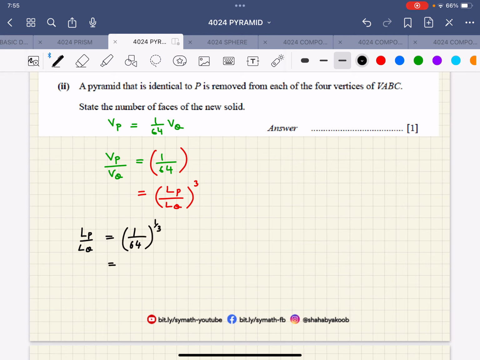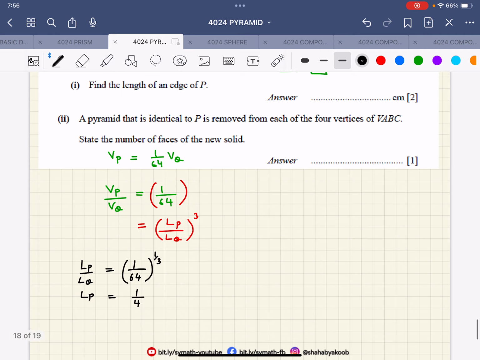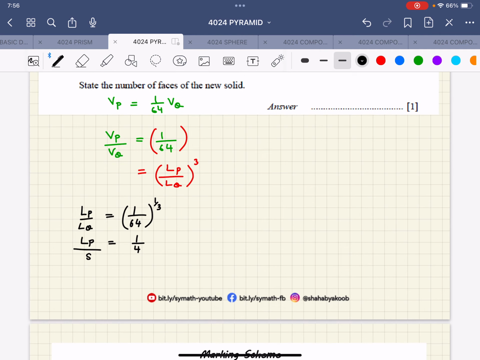That comes out to be 1/4. LP is the unknown one, and Q is 8. So therefore LP is 1/4 of 8, which comes out to be 2 centimeters.